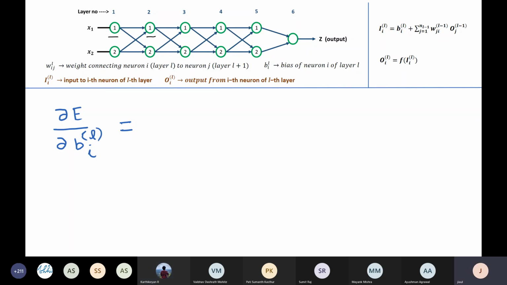How are you getting n of L minus 1? The number of neurons in the previous layer will be connected to this particular node, which has the bias. So if we change the bias by some value, all those n input values will change, right? That's how I got that n of L minus 1 factor, and then into delta L of I.